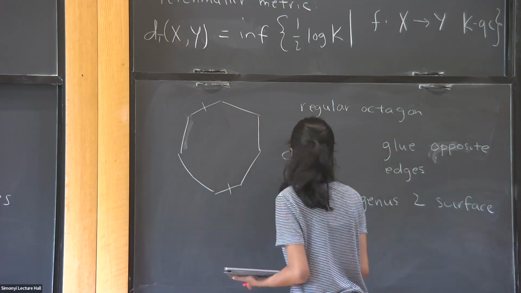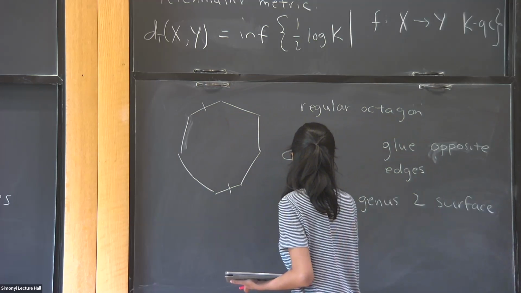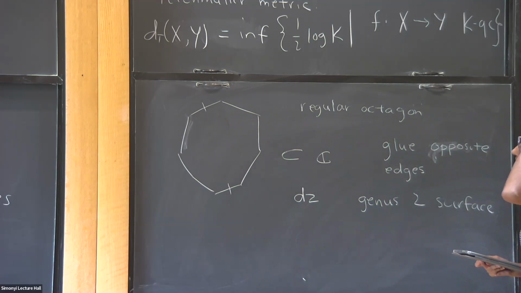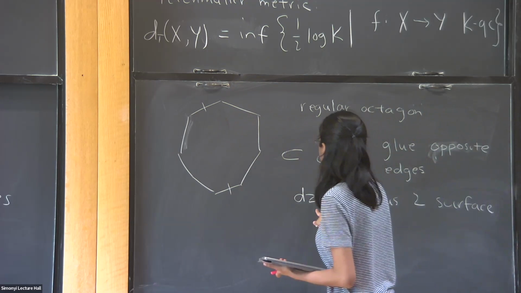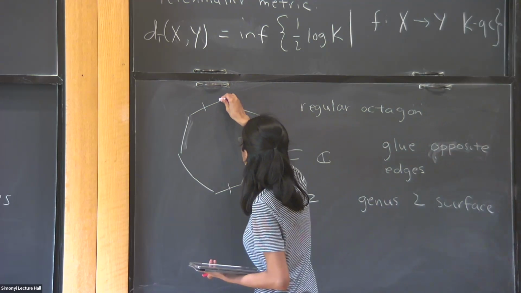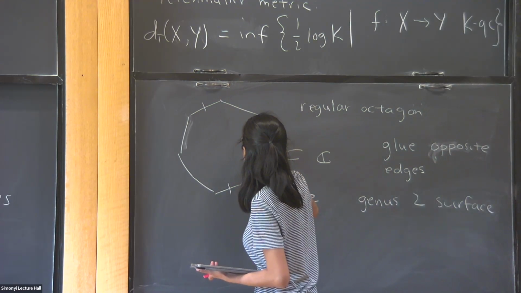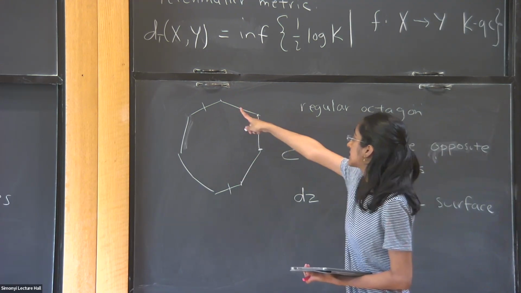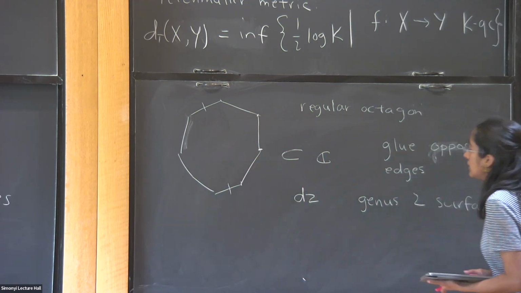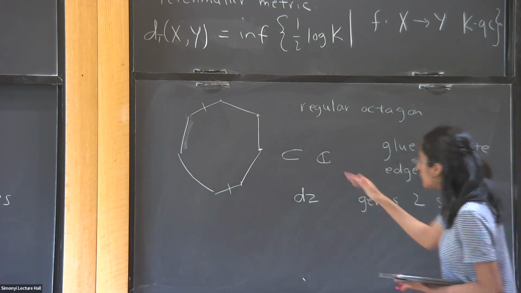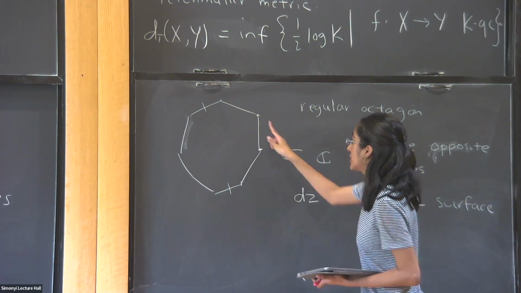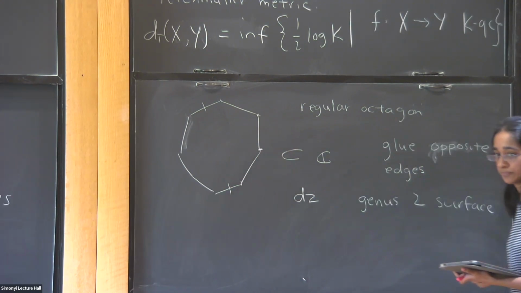And the holomorphic one form is simply going to be dz on C. And the zero of this is going to be at these points, which when you glue opposite edges together, you will get the same point. And that point will be a singularity of the metric. It will be the only singularity in this situation.